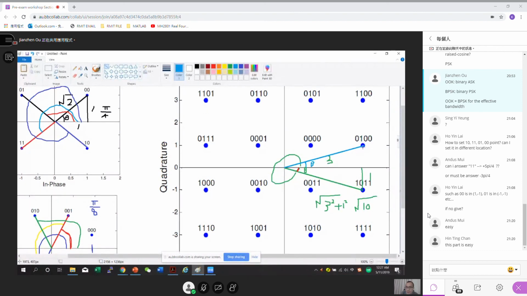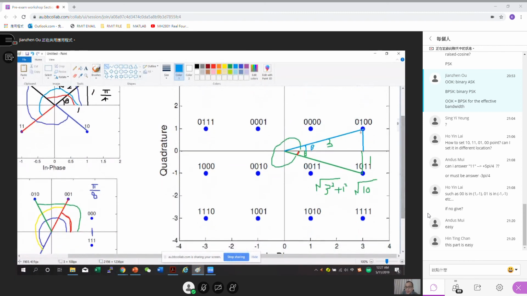We follow the same method that we used just now. From here to here is 3 again, and from here to here is 1. So what is the value here? Square root 10 again.